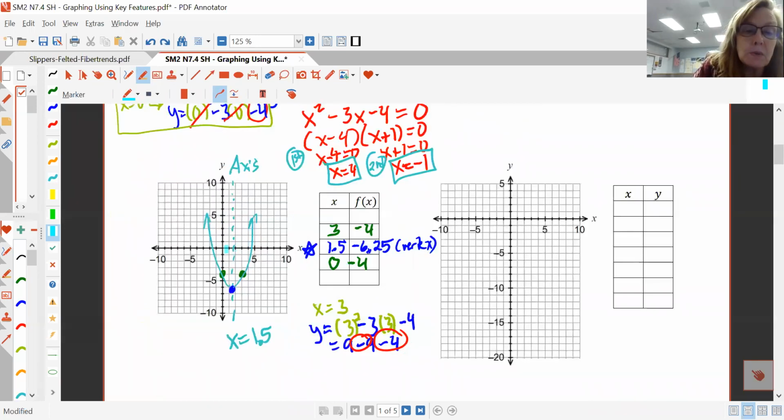So 4, 0, 1, 2, 3, 4, and -1, 0. You can see on my original possible graph, I wasn't quite perfect on where it crossed the x-axis, okay? Because I hadn't found those points. Obviously, the more points you find, the more accurate your graph will be. So here I go.